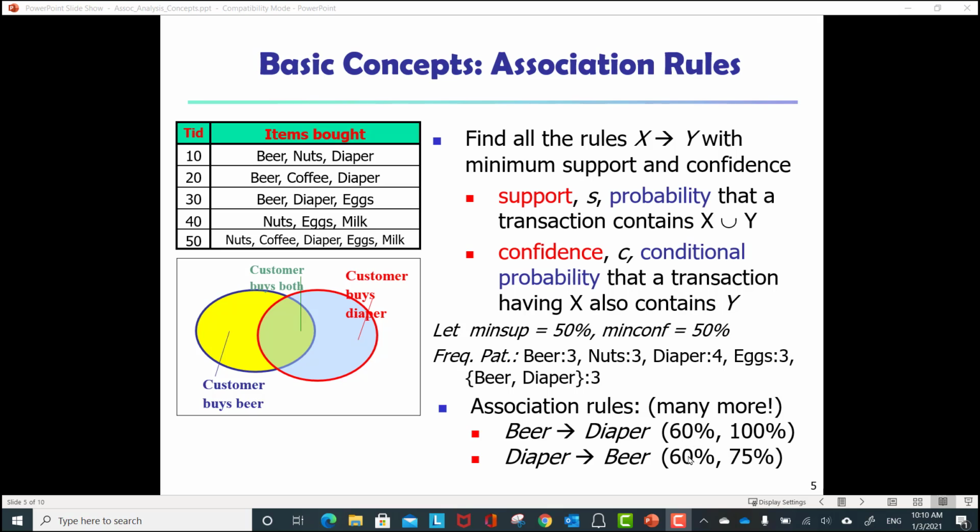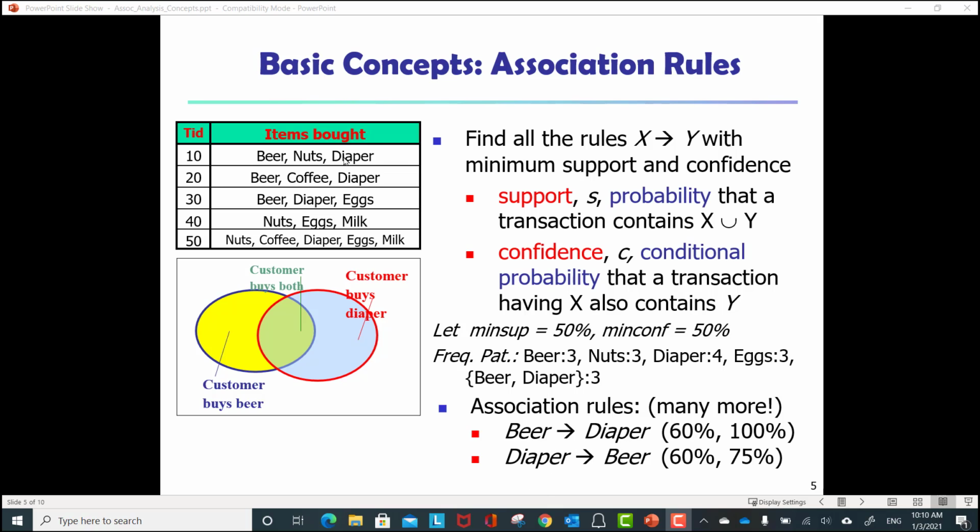That's 60%. Now let's find out the confidence level. So beer implies diaper. Let's take a look. Beer, diaper, beer, diaper. Every time beer shows up, you see diapers. So 100%.